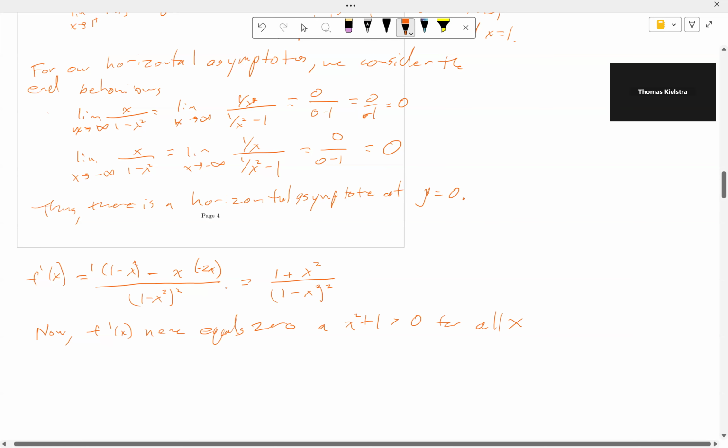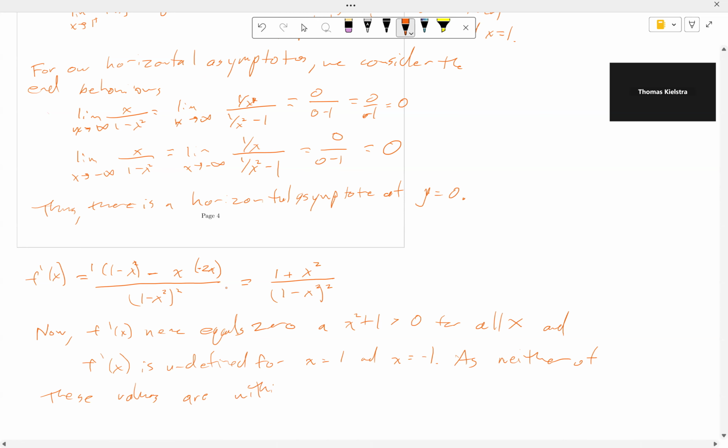And f prime of x is undefined for x equaling 1 and x equaling minus 1, as neither of these values are within the domain.